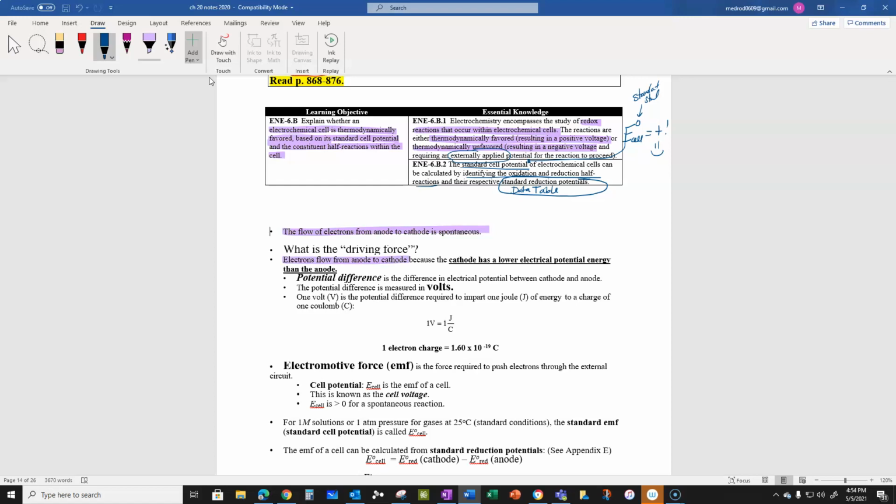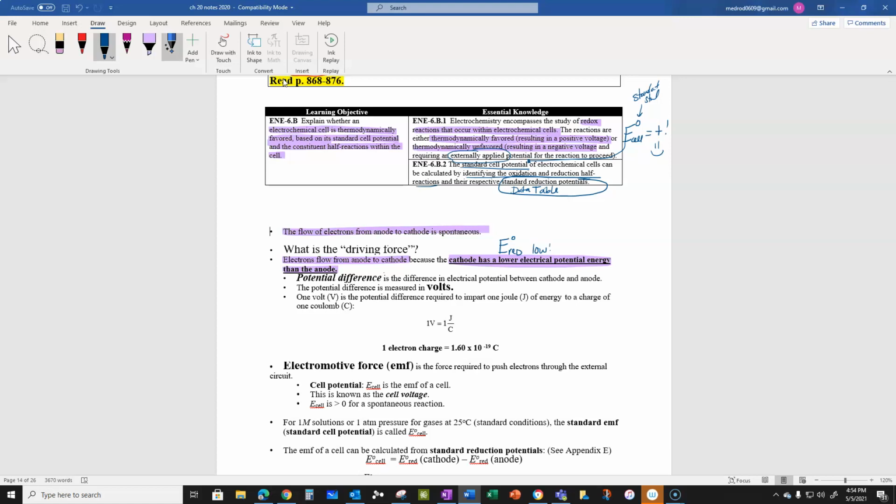And what happens is the cathode has, very important here, a lower electrical potential energy. So what you're going to see is this symbol called E with the word red for reduction. And that value right there is very low for the cathode.